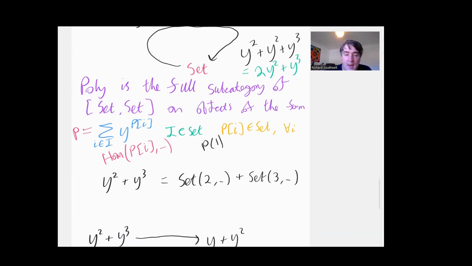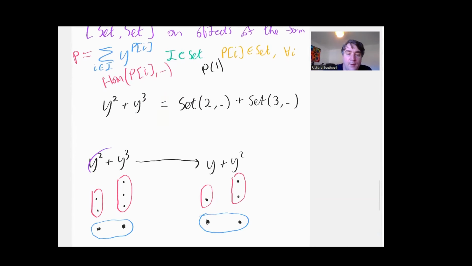So here are two polynomial functors. These are two different objects of poly. And now we're going to ask a very simple question. What is an arrow from this polynomial functor here to this polynomial functor here? This is the question we're going to ask. And the answer is that it's going to be a dependent lens.